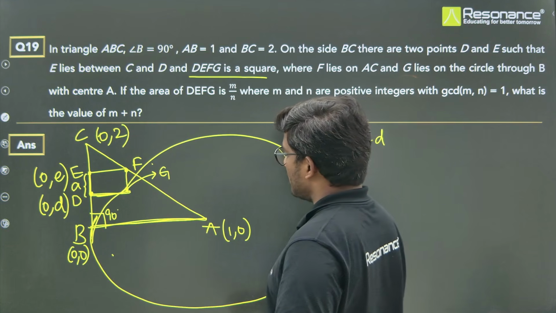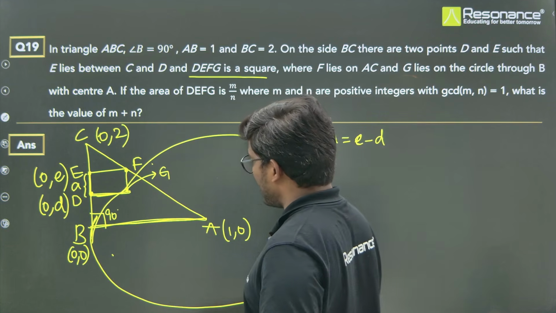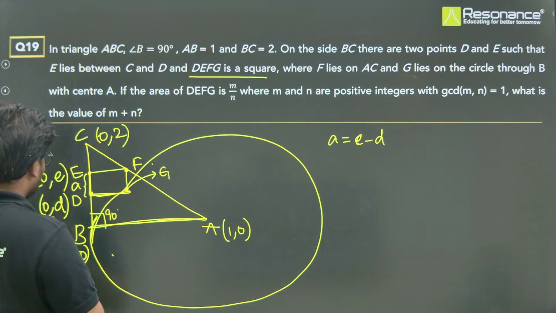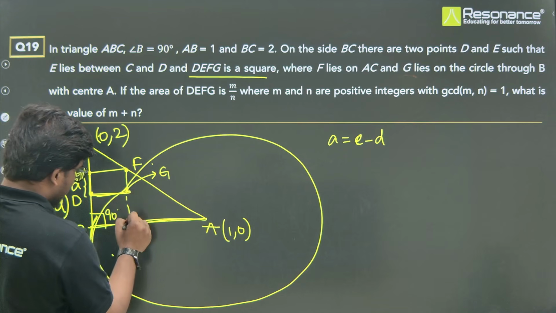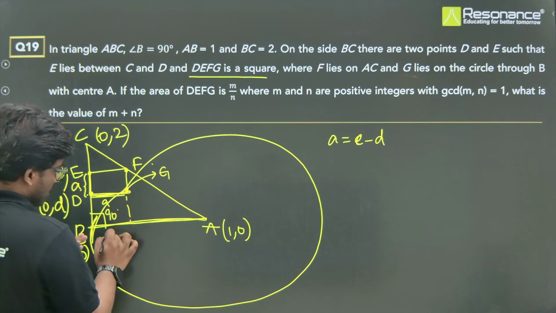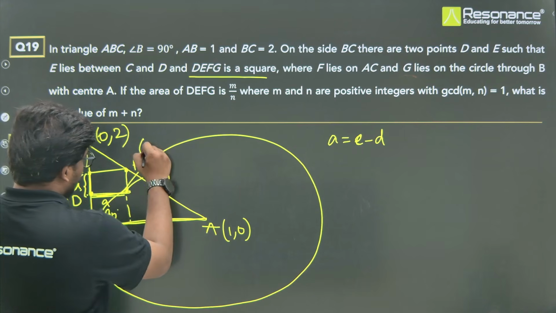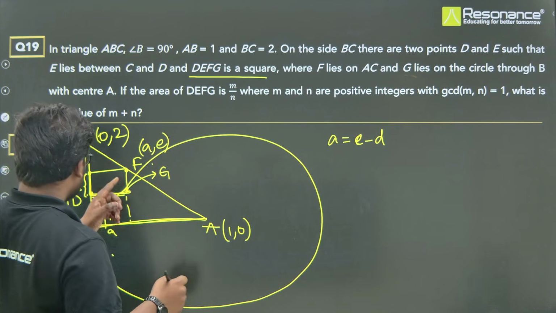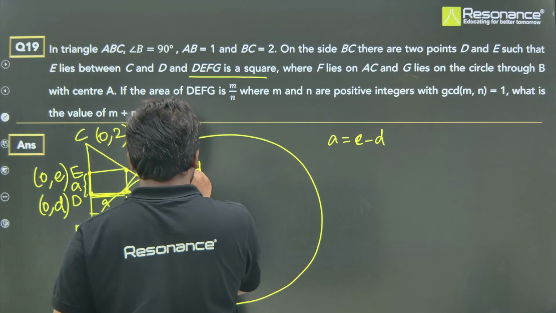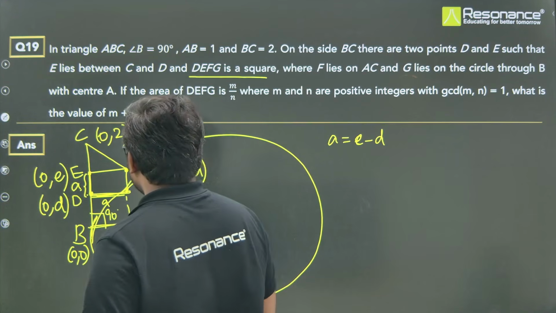So what do we bring out of that? F is on the same y level, so F is also at a. Since this is a, this also becomes a. So F becomes (a, E), and G becomes (a, D).